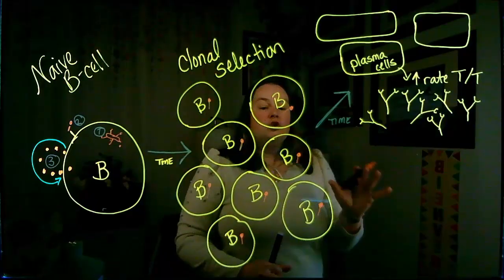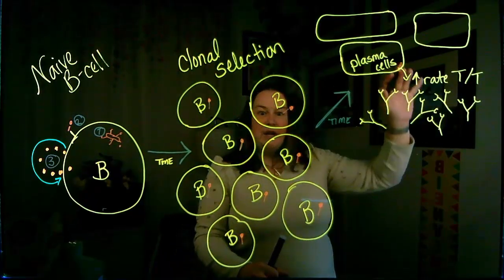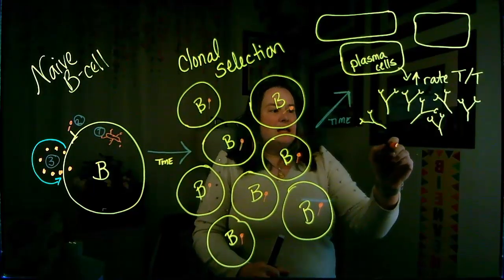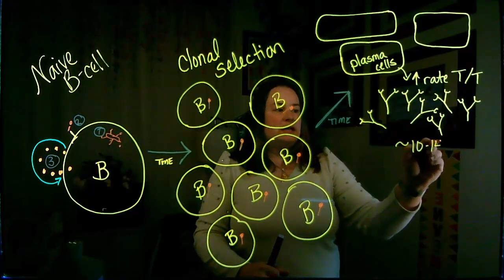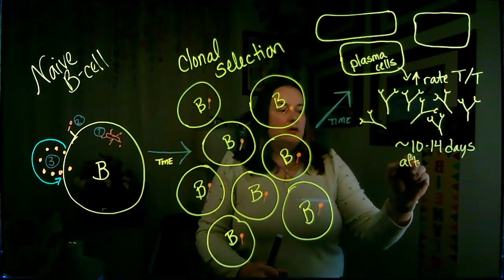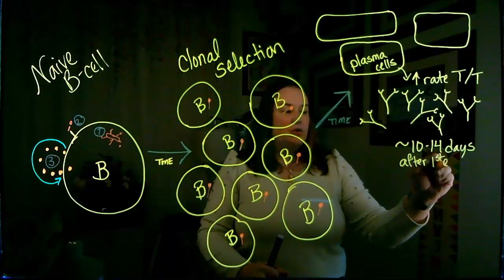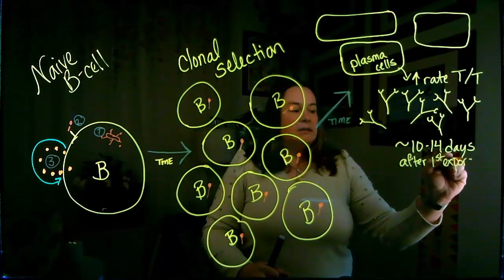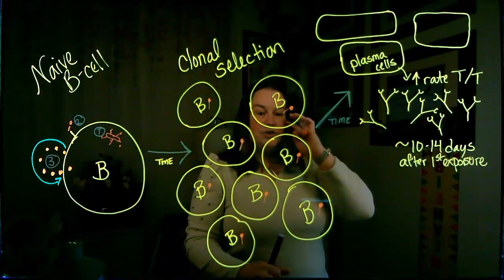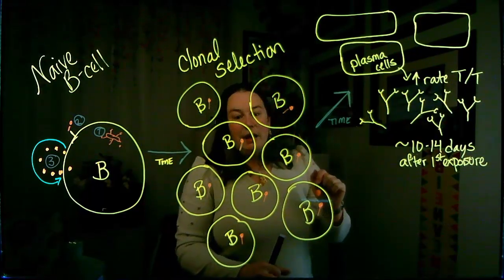So the vast majority of B cells are going to create plasma cells and start cranking out antibodies. And in about 10 to 14 days after the first exposure, is when we're going to start to see large amounts of antibodies in circulation.